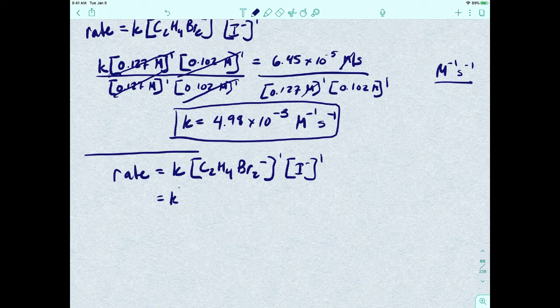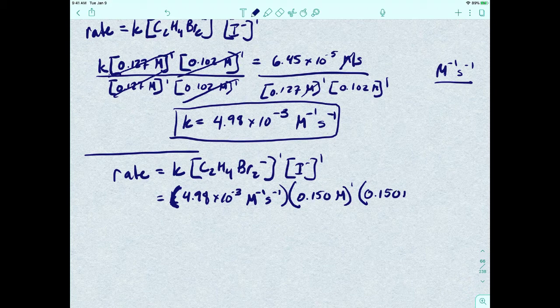So we're going to take our k, which that value was 4.98 times 10 to the minus third, molar to the minus first, second to the minus first, times the concentration of the first one, 0.150 molar, times the concentration of I minus, which is 0.150 molar as well.